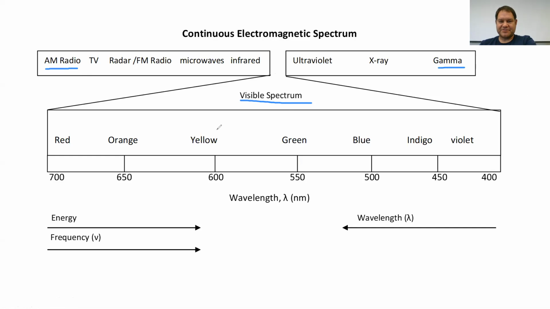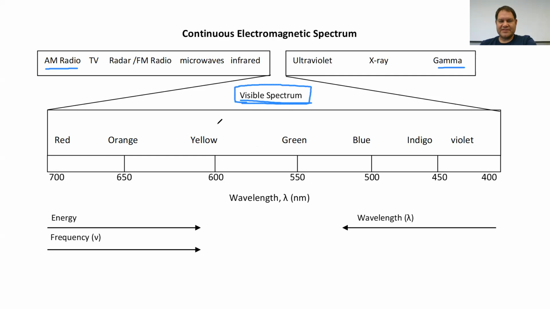Now, the visible spectrum is the rainbow of colors that we're familiar with, the red, the orange, the yellow, the green, blue, indigo, and violet, ROY G. BIV, okay? So what I need you to know is that all of these forms of electromagnetic radiation are forms of light, or different forms of light. However, we cannot see any of these forms of light except for what's in the visible spectrum.